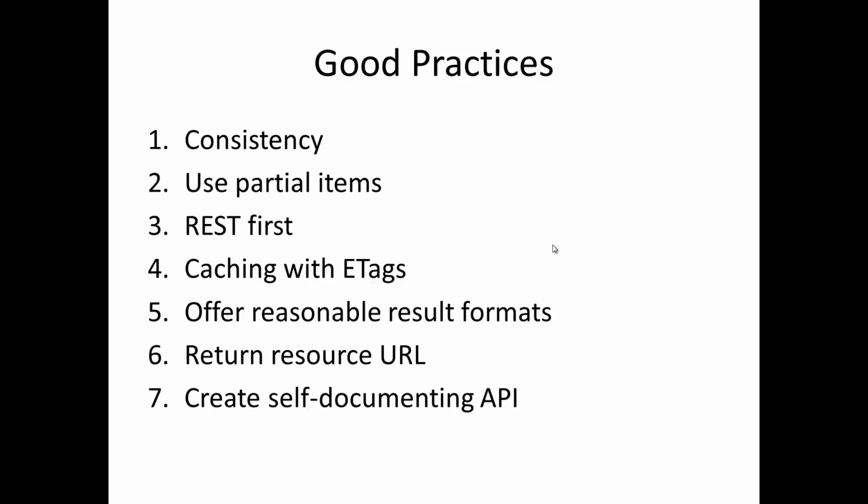But is that going to make your API successful? Probably not. The machines or the humans that consume your API are really important. So this design should be made with them in mind, to make it easy to use and to make it popular or successful.